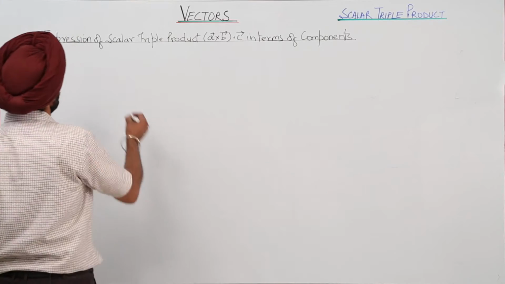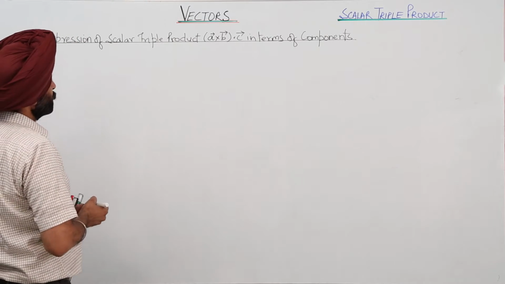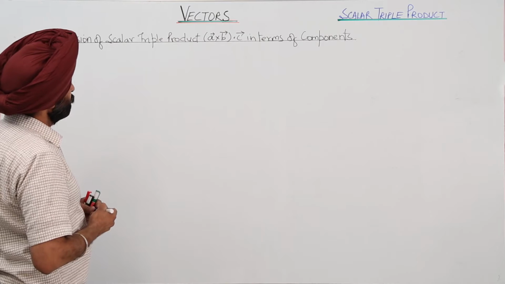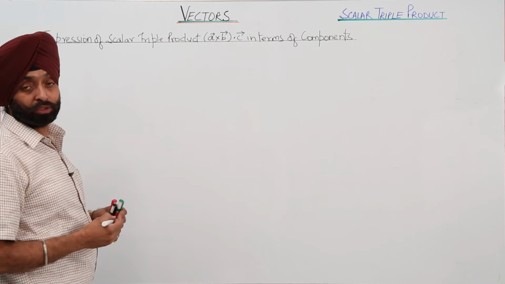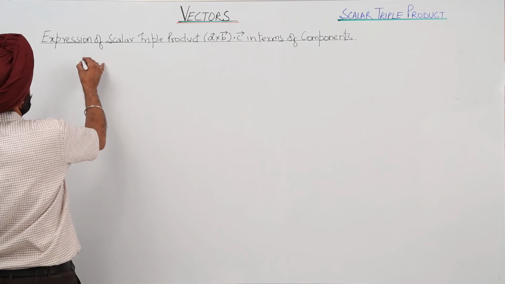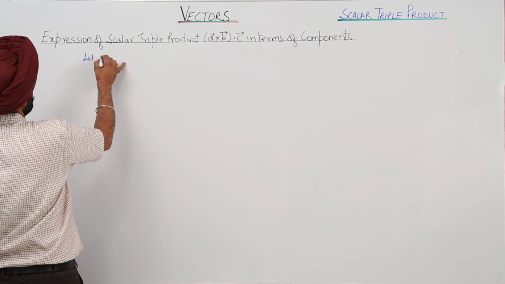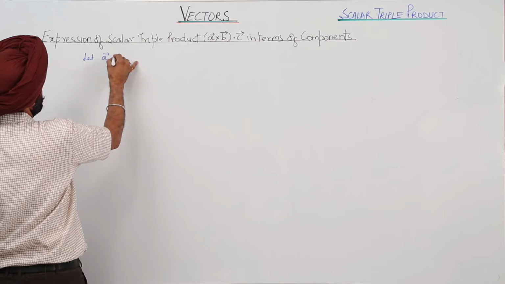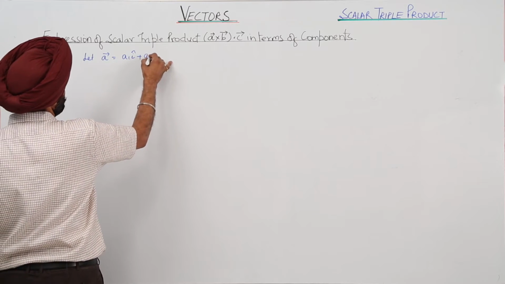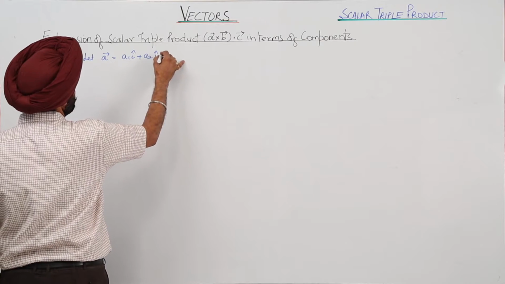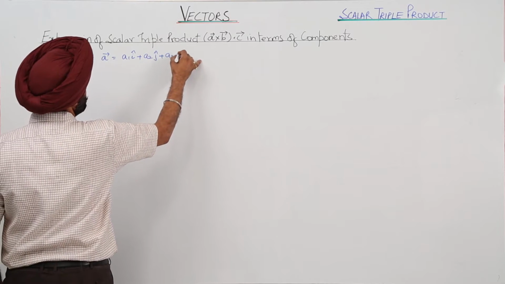Now, expression of scalar triple product, A cross B dot C, in terms of its components. Let vector A be equal to A1 i cap plus A2 j cap plus A3 k cap.